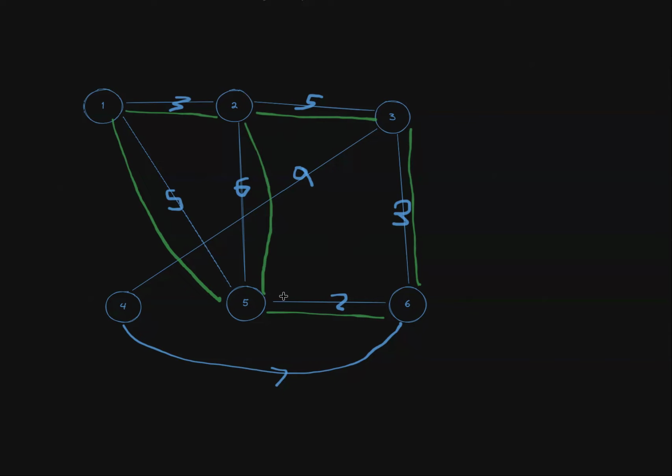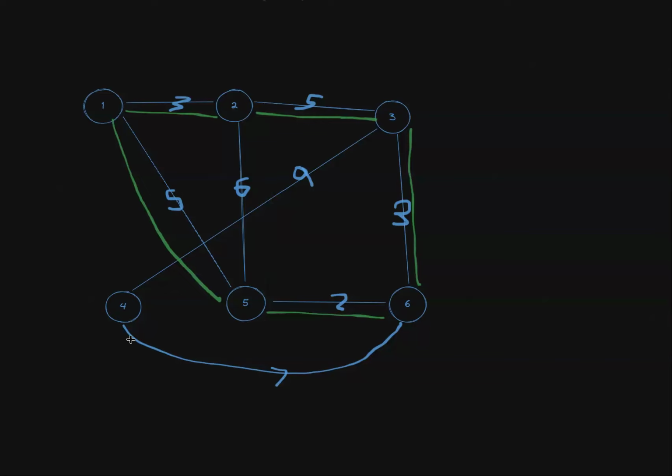Well, in this case, it's creating a cycle, and it's not actually contributing to the spanning tree at all because 2 and 5 are already in the tree, which is why it's making a cycle. So in this case, we'll just skip over that edge since it's not adding any new nodes.